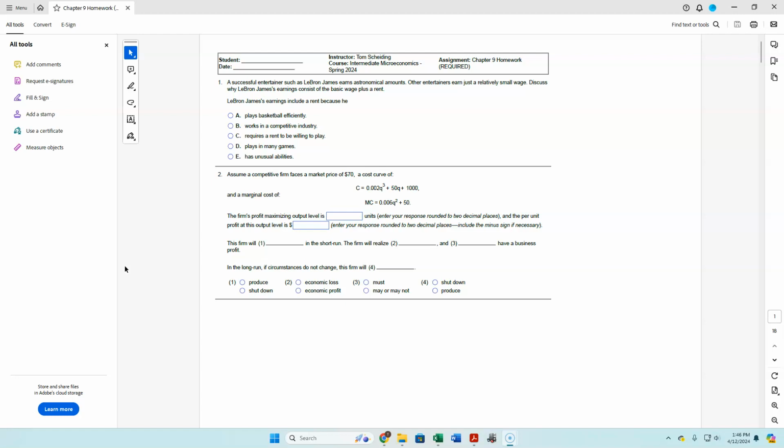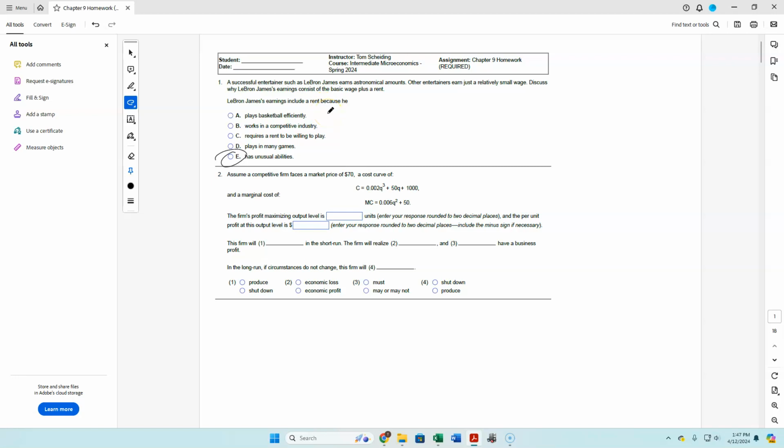The idea here is that the rent is due to, well, a very kind way to say it, his unusual abilities. And it's just a definitional question of what rent consists of.